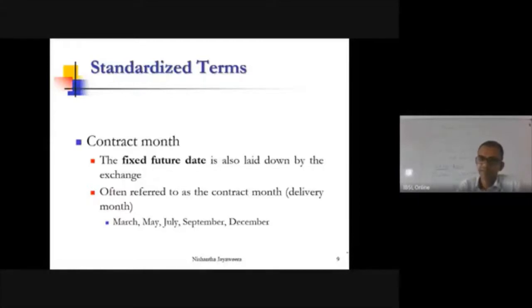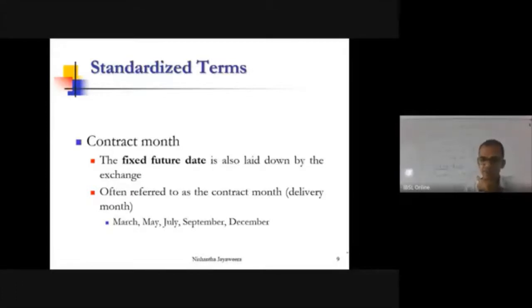Again, the exchange specifies when to start the new contract. While this December oil contract is trading, they may not open the next 2021 December oil futures.